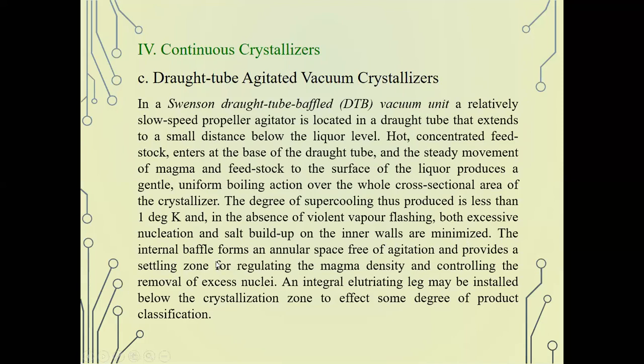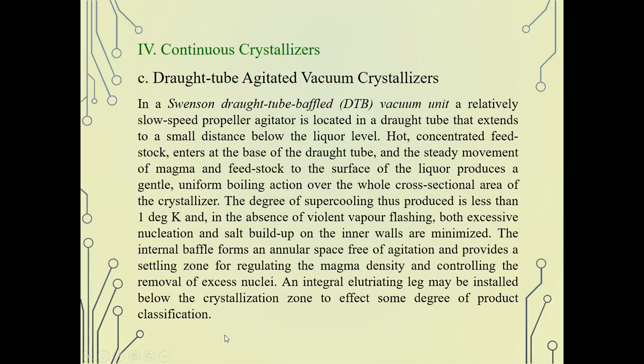The external baffle forms an annular space free of agitation and provides a settling zone for regulating the magma density and controlling the removal of excess nuclei. An integral elutriating leg may be installed below the crystallizing zone to effect some degree of product classification.